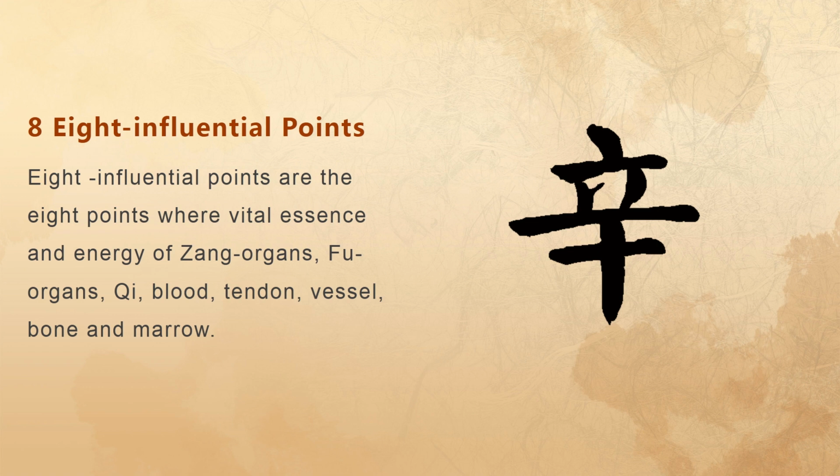Hui means join together. The 8 influential points are the 8 points where vital essence and energy of zang organs, fu organs, qi, blood, tendon, vessel, bone, and marrow converge. They are distributed over the trunk and the limbs.